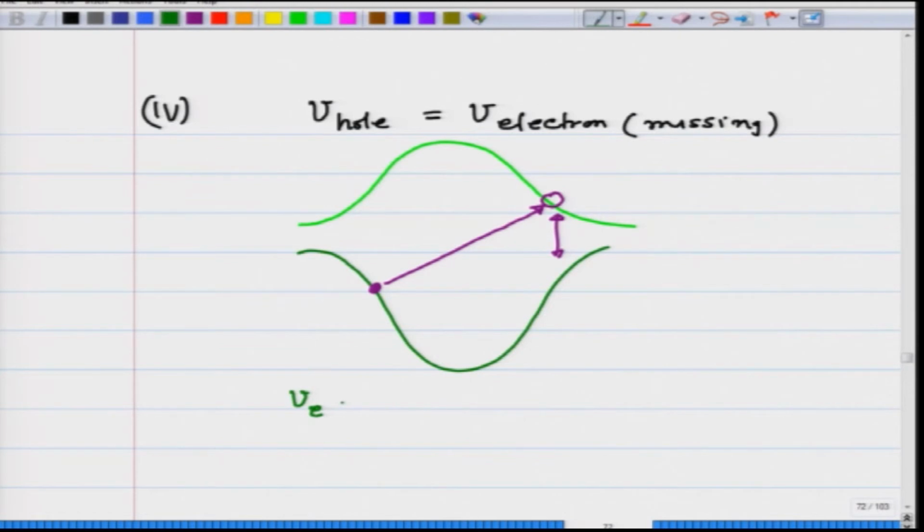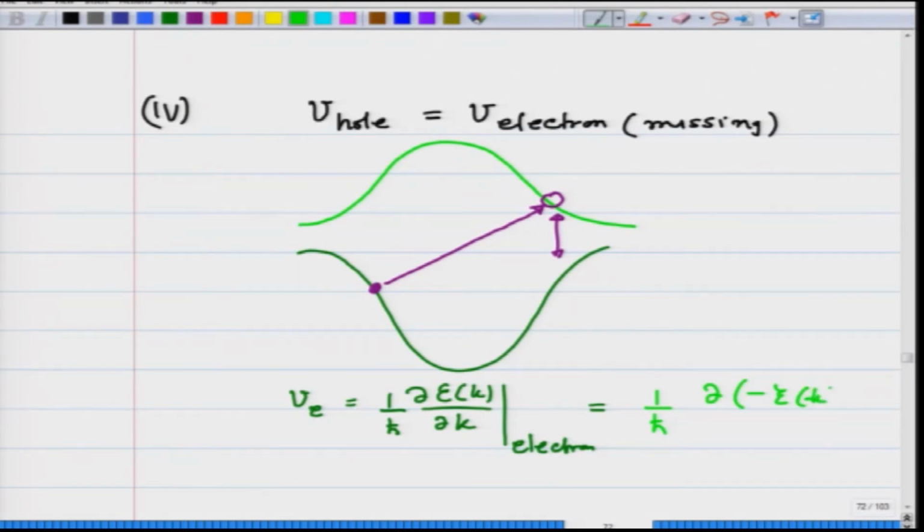So, if I were to take V electron, let me show it in the same color as the band, V electron, this is dE(k)/dk times 1 over h cross, and this is for the electron, which I can write as 1 over h cross. The hole energy is minus E(k). I can put a minus sign also here because of the symmetry, d of minus k, and this is for the hole.